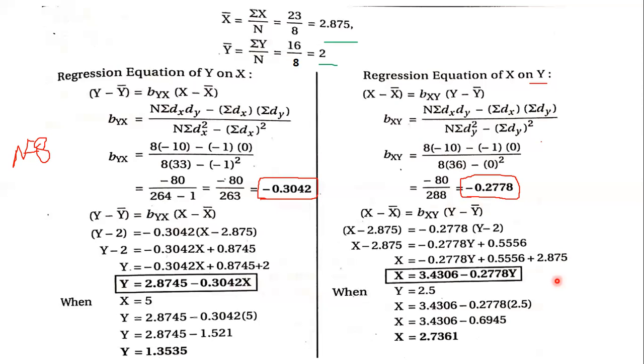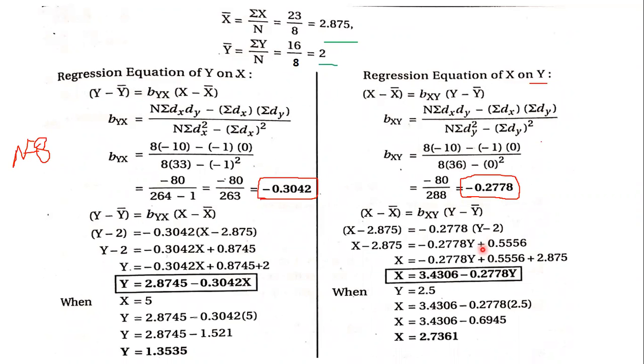Similarly, if you take x on y, you have x minus x bar is equal to bxy into y minus y bar. Apply the numbers, and if you simplify here, this is the regression coefficient that is taken. So minus 0.2778 into y and then into minus 2. Since this is minus and here also it is minus, minus into minus is plus.